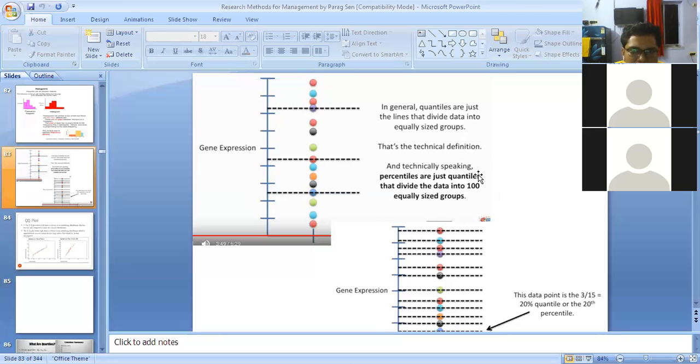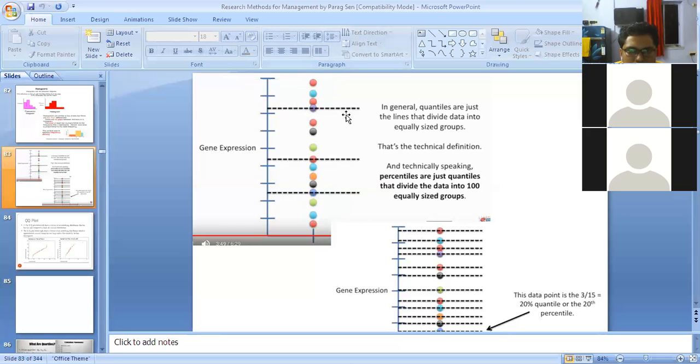And technically speaking, percentiles are just quantiles that divide the data into 100 equally sized groups. So when you talk about percentile, that means you are dividing your data equally into 100 equally sized groups.